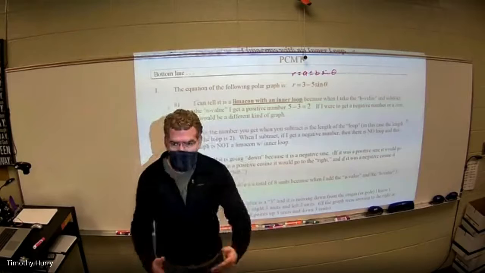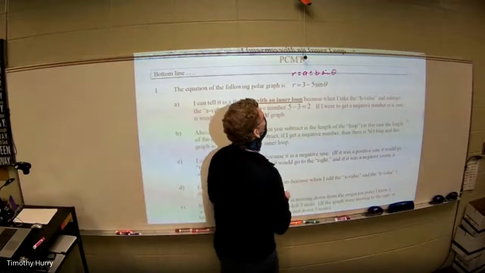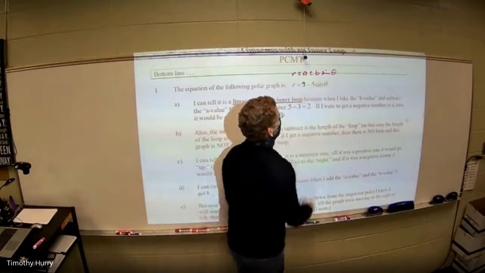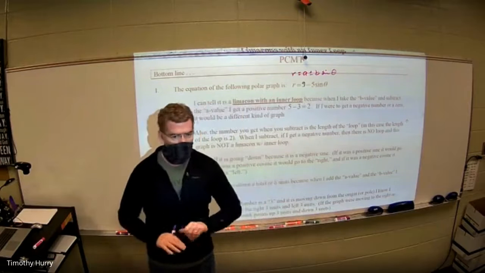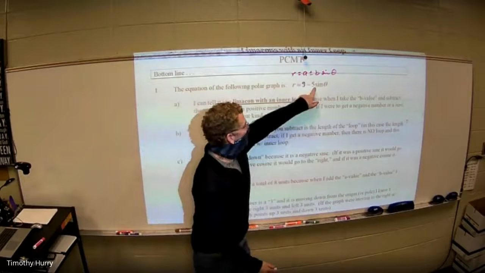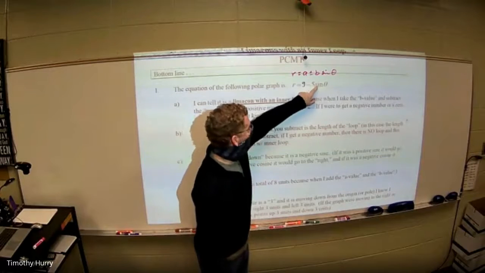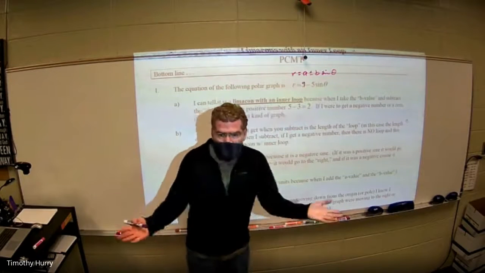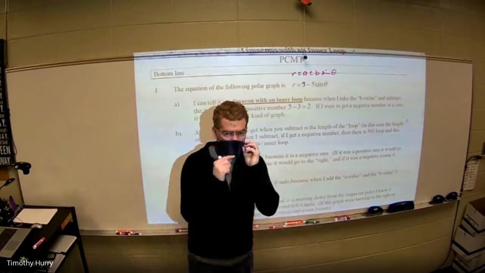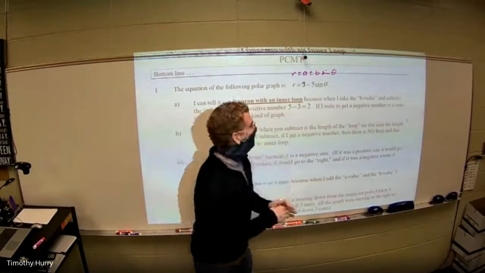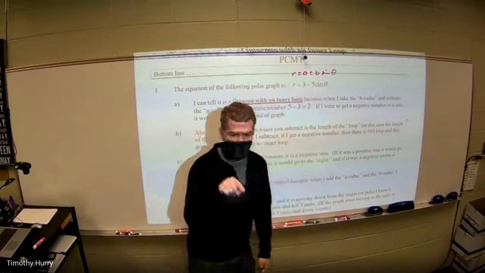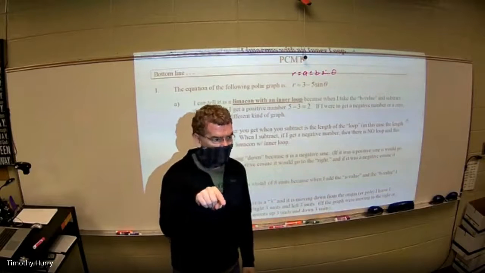So it's possible to get a 0. Is it possible to get a 0 here? No, because to make this go to 0, what can sine be? Sine can only be between -1 and 1. Same with cosine. So with that in mind, right here it can be 0. That puts a little mark at the pole, which is like the origin.